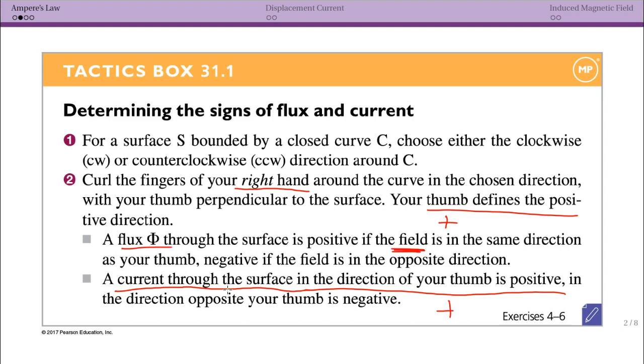Here we're basically just saying if I have some sort of loop and some sort of surface inside the loop, you pick a direction, say this one, and then using the right hand rule, you figure out which way is positive, which way is negative, and based on this, this is then the positive direction. So this isn't that hard.